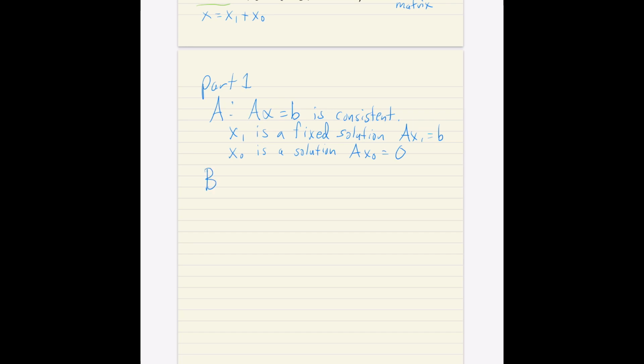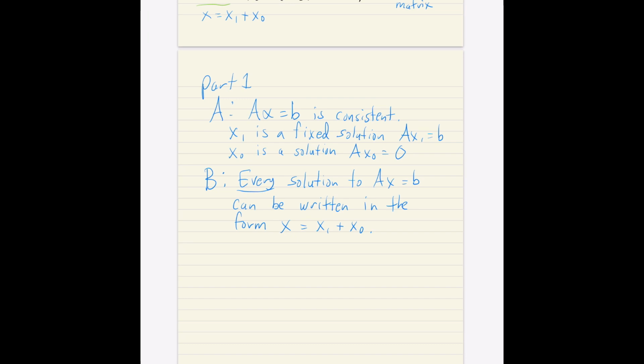And then our conclusion, the thing we're trying to prove, is that, there's our keyword, every solution to Ax equals b can be written in the form x equals x1 plus x naught.